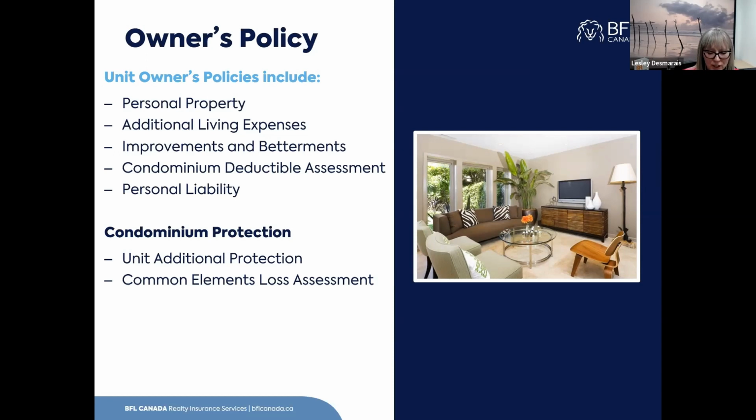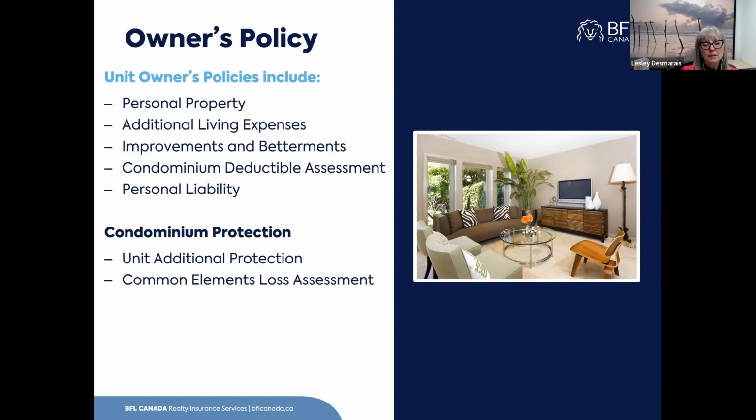Unit additional protection. This is something like an extra frills type policy. You'll need to check with your broker or direct writer what that includes, but it's generally a contingent coverage over and above. Say there was a loss, and the corporation is responsible for betterments and improvements, and there wasn't enough limit there.